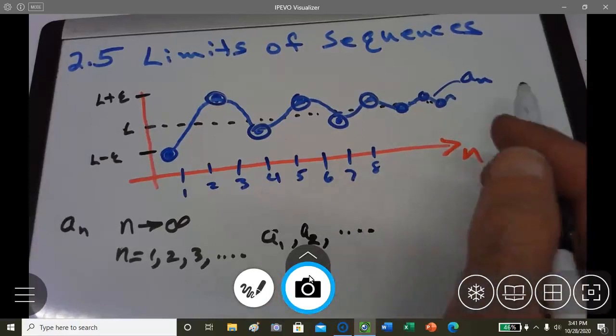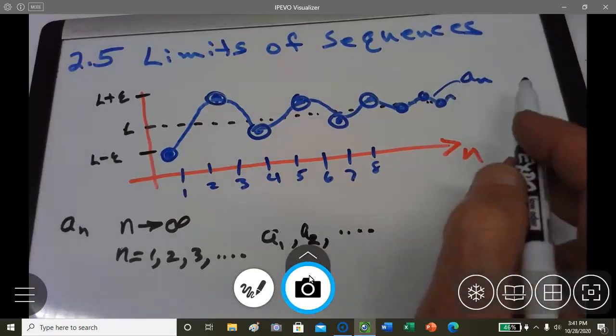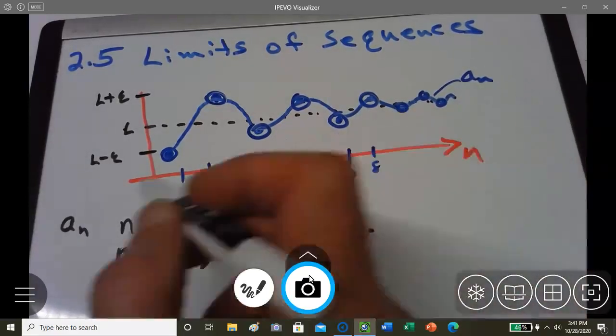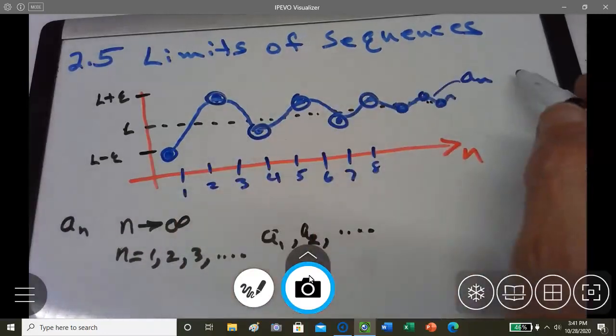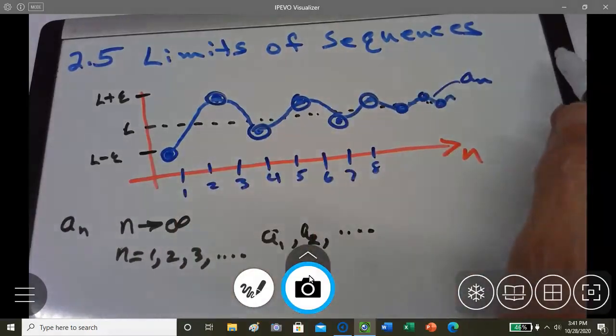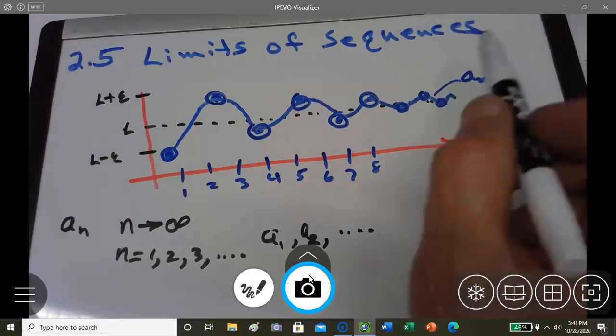So as n approaches infinity, as a sub n gets larger, moving down the line, it tends to converge on some limit.